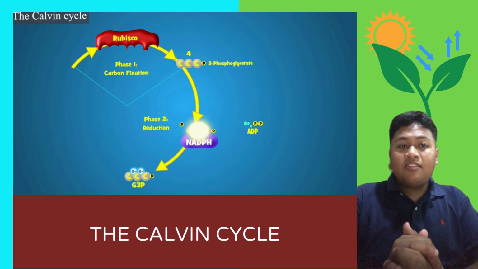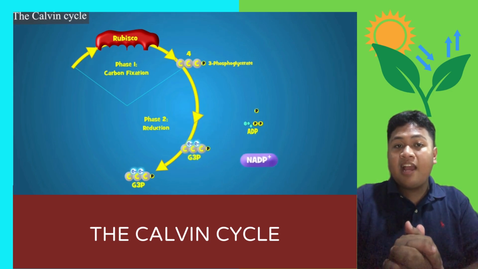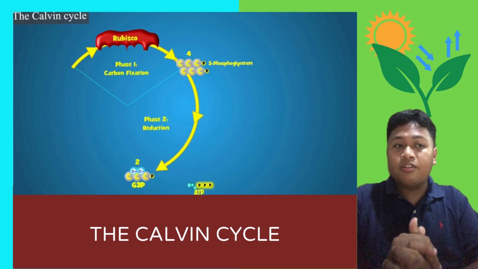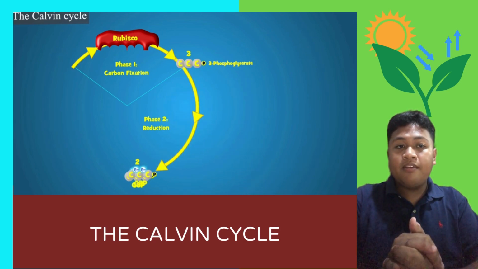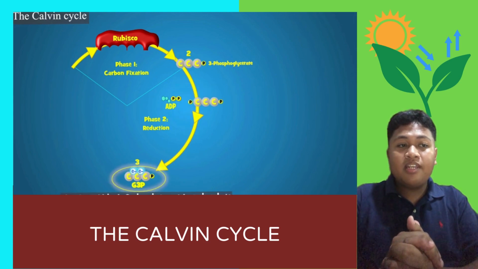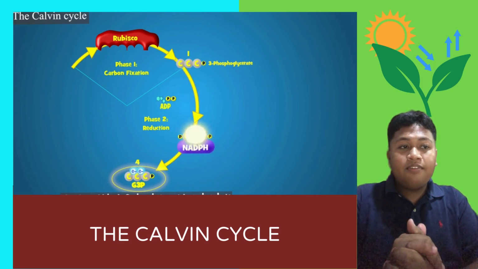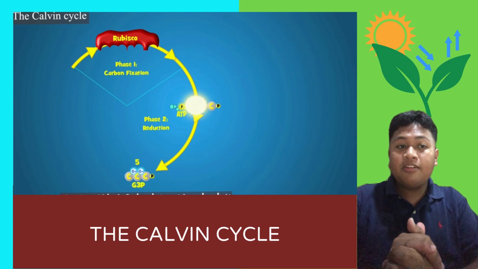After that, this reactive intermediate can be reduced, gaining hydrogen and electrons. Glyceraldehyde 3-phosphate, or G3P for short, is produced by reducing the intermediate molecule with the help of electrons and hydrogen from NADPH.